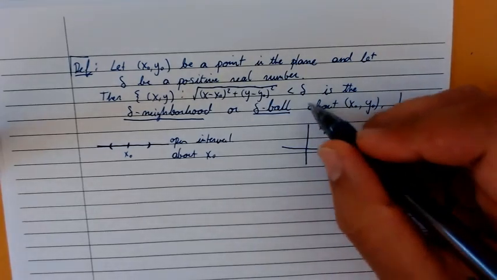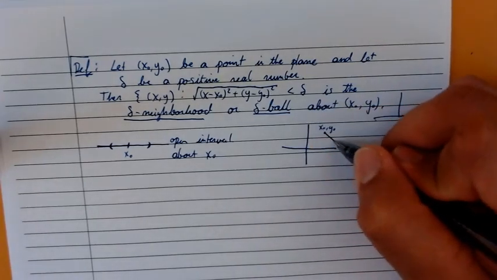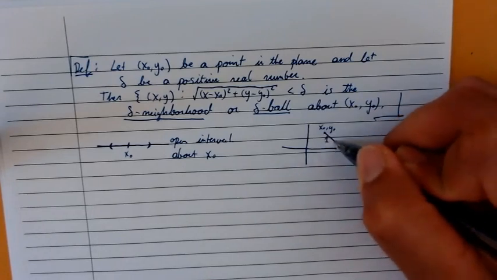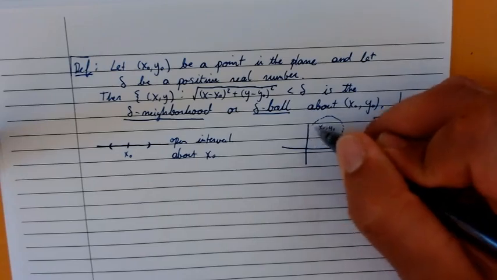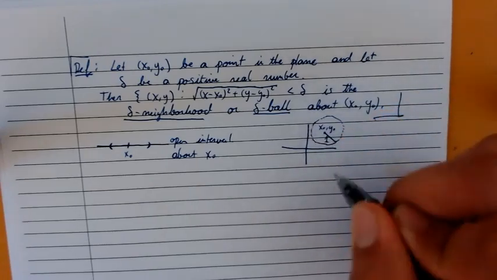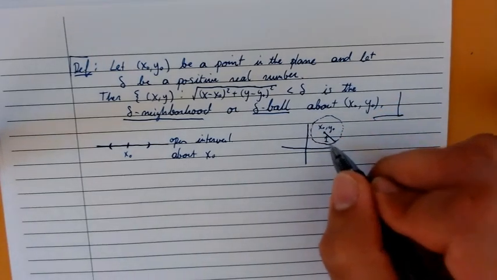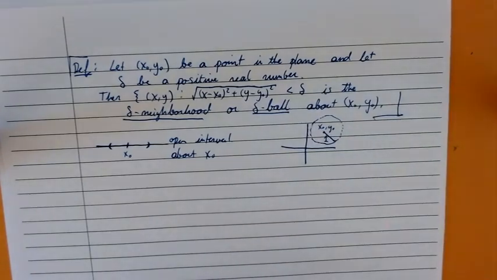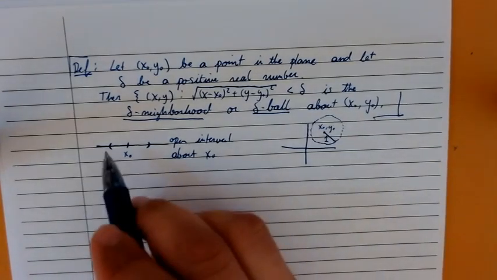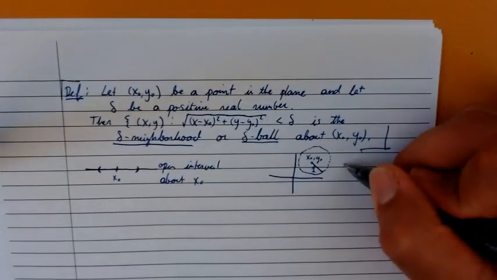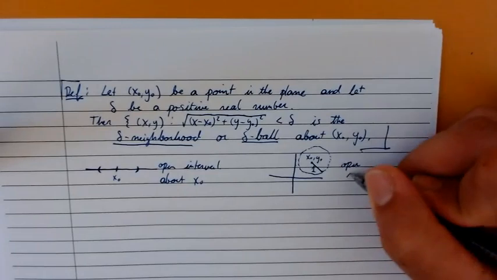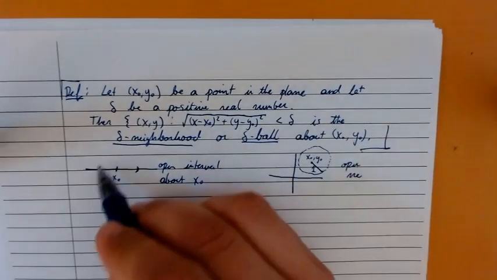So let's say that my number delta was 1, for example. Then all the points that are within 1 step away from x naught comma y naught, that's the neighborhood around that point. Instead of having an open interval, you have an open neighborhood. It's a little disk instead of a little interval.